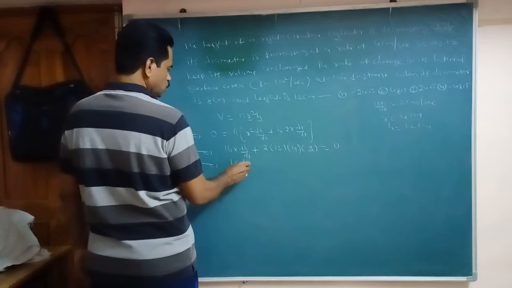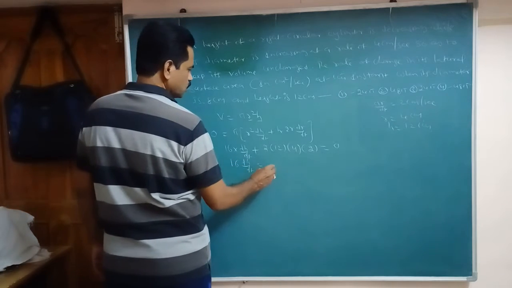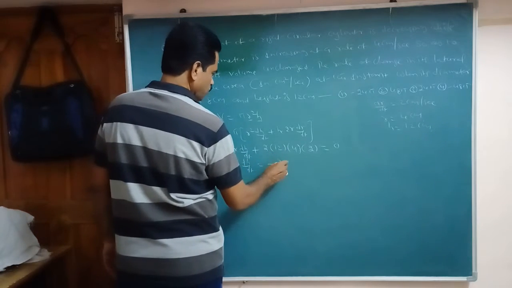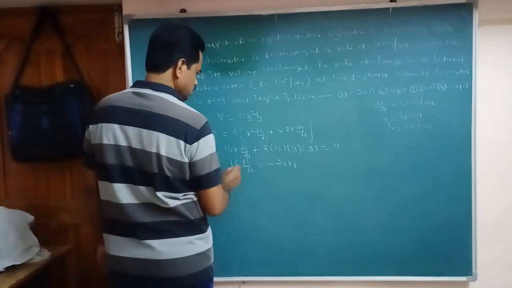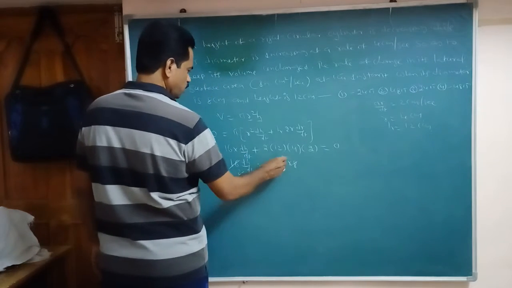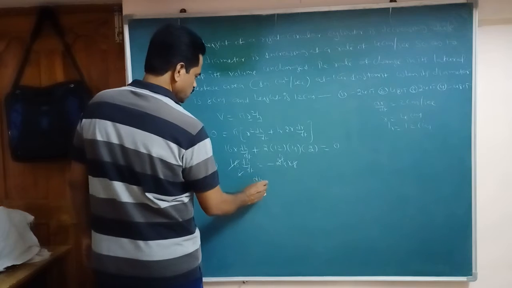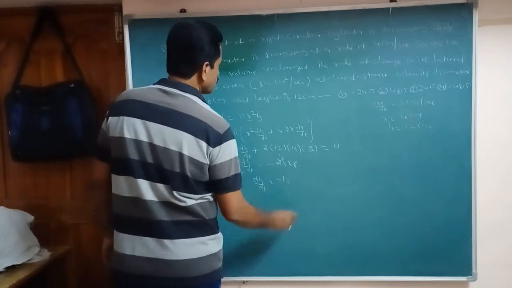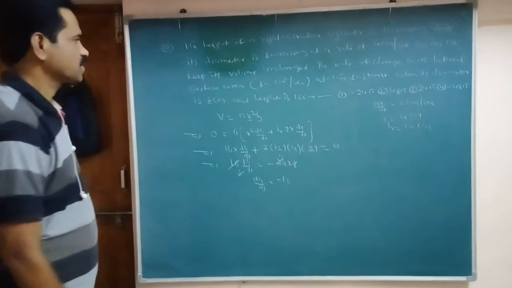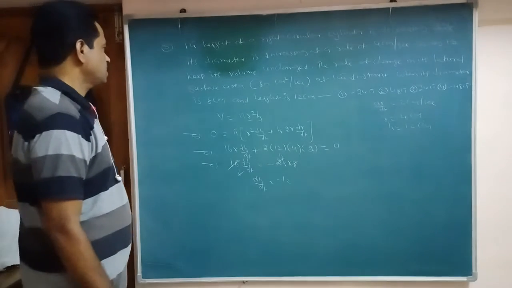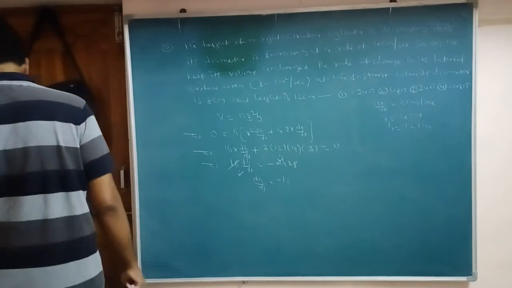So 16 into dh by dt equal to minus 24 into 8. 16 and 2, so dh by dt is minus 12. So next, surface area here.